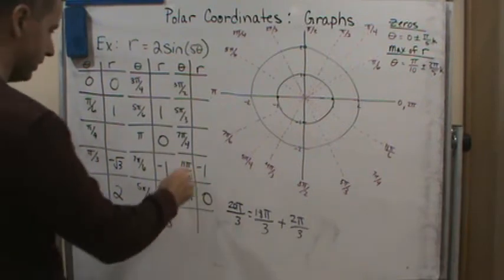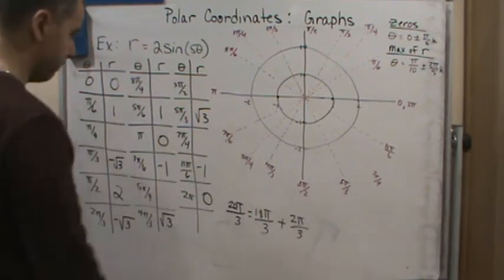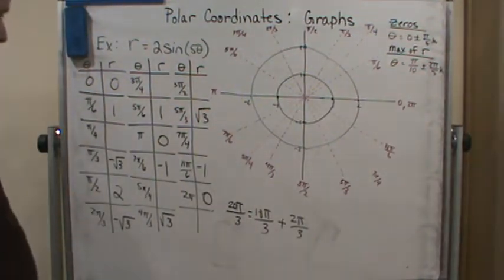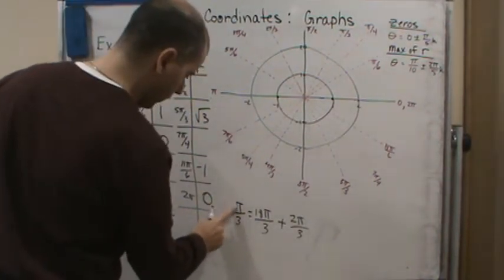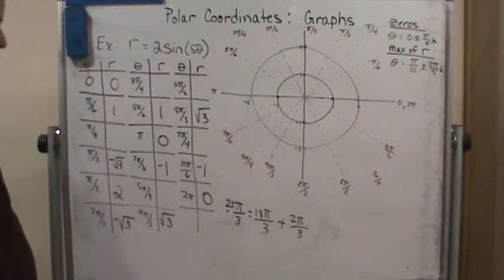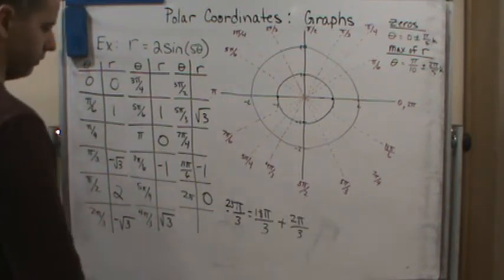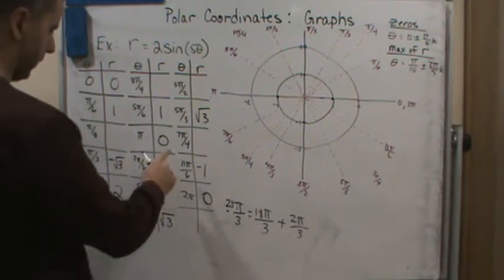And of course, this will also give me a positive square root of 3, I bet. Okay, looking at the pattern. But let's try it. 5 times 5 is 25, so that's going to give me 25 pi over 3. Is that right? I just want to make sure.